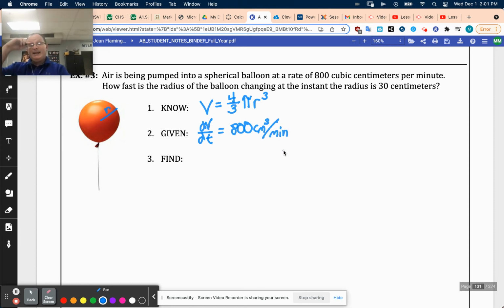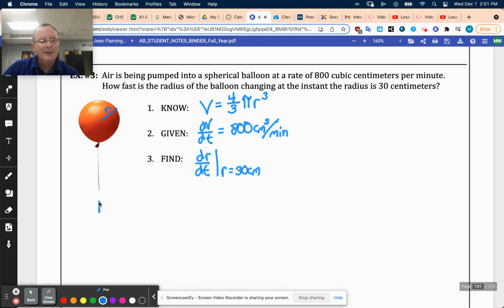Okay, and then it says how fast is the radius changing at 30 centimeters. All right, so it's asking us then for dr/dt when the radius is 30 centimeters. So here we go.